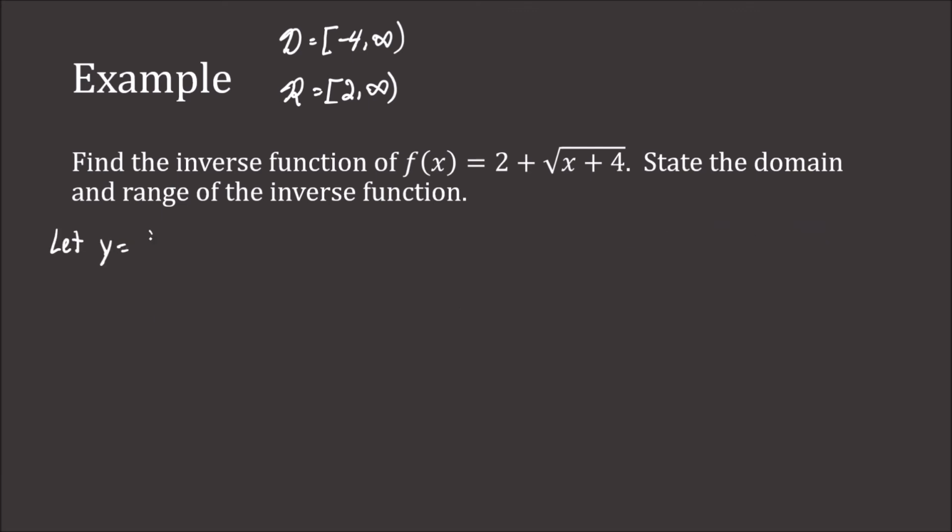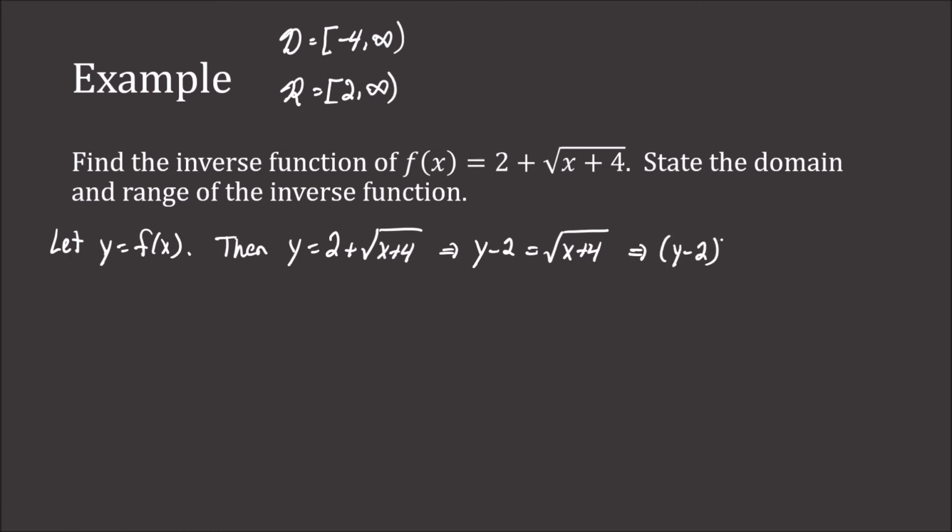Right, so set y equal to f of x first. So that would mean that y is equal to 2 plus the square root of x plus 4. Subtracting 2, we get y minus 2 is equal to the square root of x plus 4. If we now square both sides, we get y minus 2 quantity squared is equal to x plus 4.